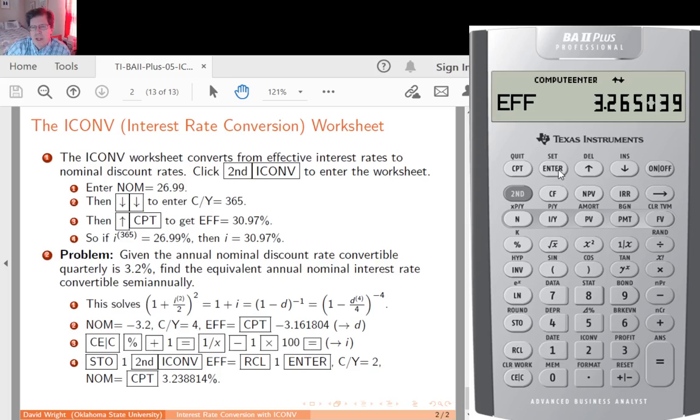There it is right there. Now you have to hit enter to get it in there. And we're going to go to conversions. It's a semi-annual rate, so the conversions are 2. Hit enter for that, and then go back up.